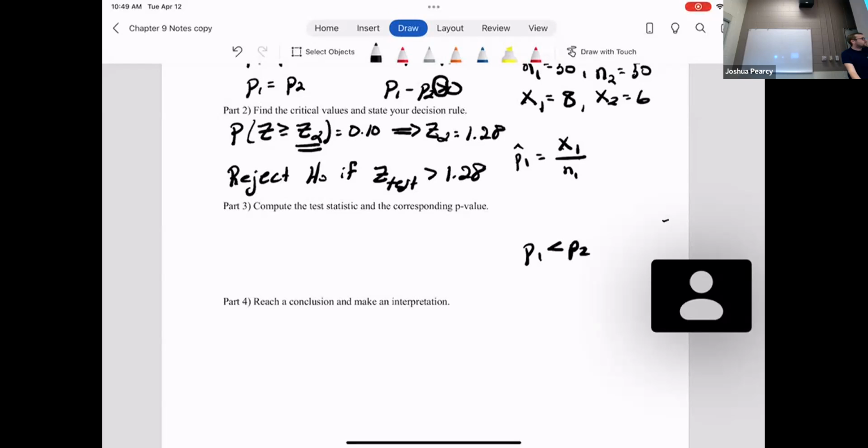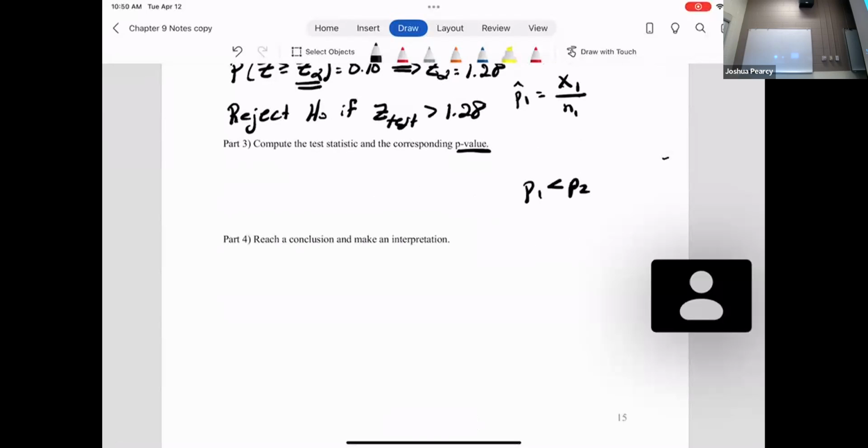That makes sense to everyone? Then compute the test statistic and the corresponding p-value. I cannot tell you enough: know how to do this for the exam. If you don't, you'll probably lose 15 points.